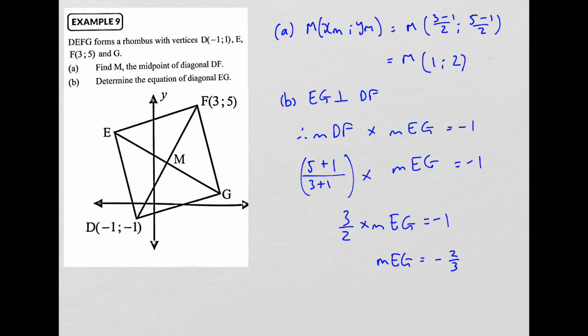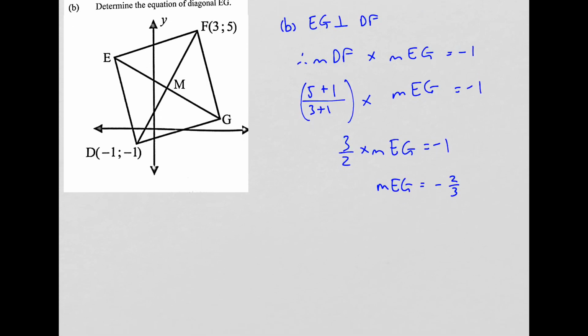So now we have our gradient of EG. Remember, the diagonals of a rhombus bisect each other at 90 degrees. Now we can move into doing the actual equation.